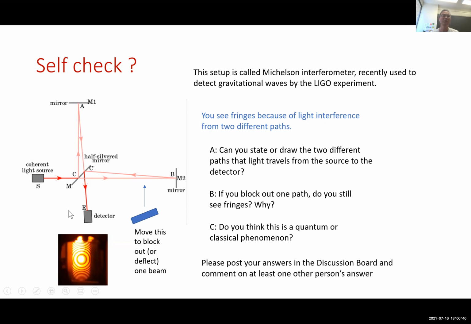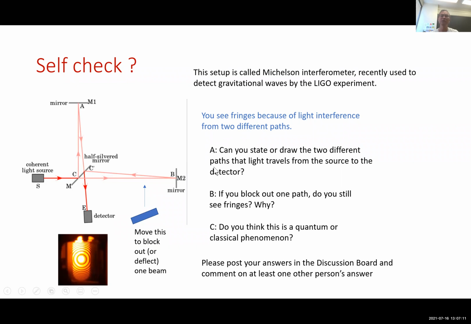This is what you see when you use a laser, and you see these circular interference patterns. This setup is actually used in the LIGO experiment that detects gravitational waves. And this is the so-called Michelson interferometer. So you see fringes because light interferes from two different paths.